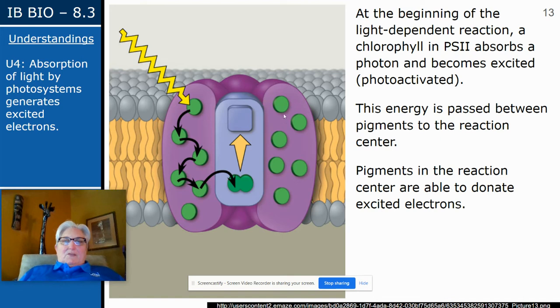And then it continues to move, and the green pigment here, chlorophyll, will be able to donate some of the excited electrons, and they're going to become excited in this reaction.